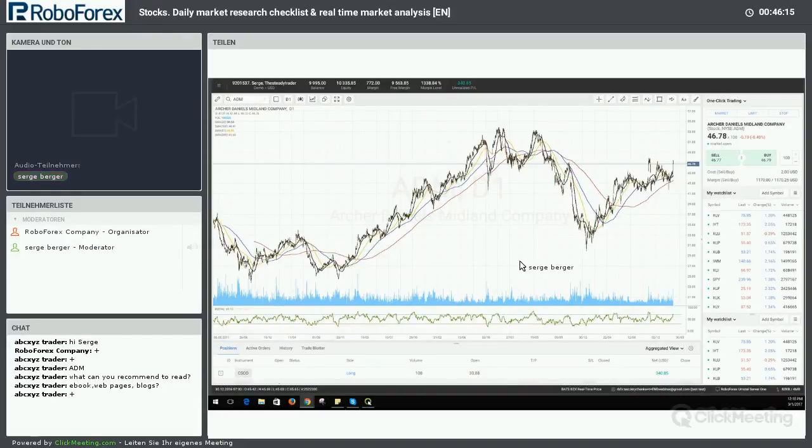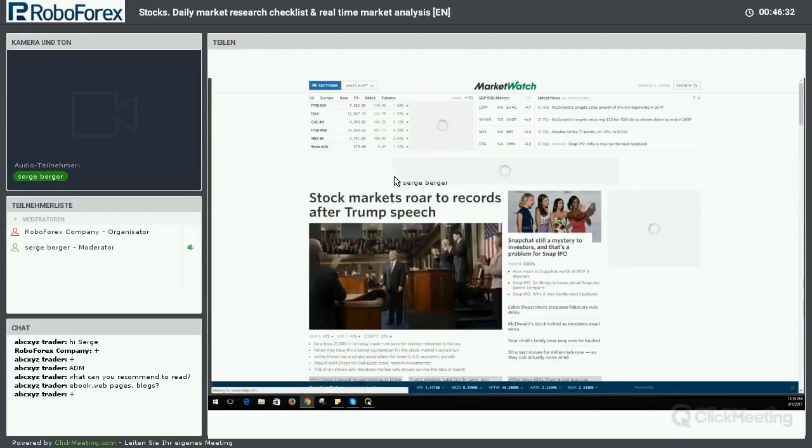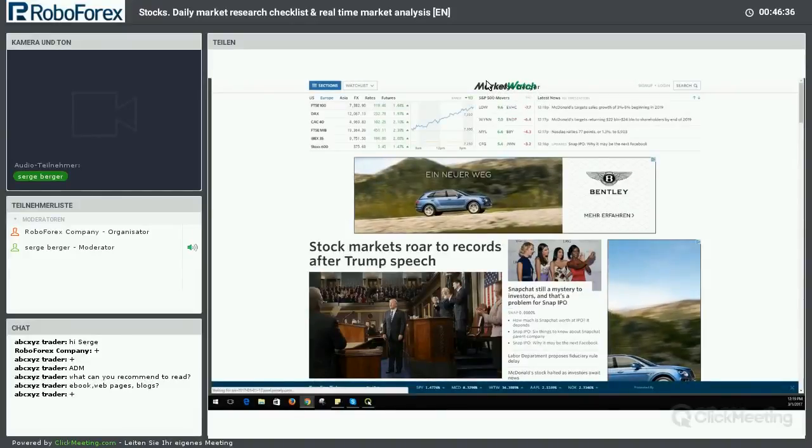Otherwise, one thing we've talked about is in terms of getting information. I think marketwatch.com is a good website to look for opportunities. So let me just quickly show you. And again, I'm not representing any of these companies or anything like that. But marketwatch.com I think is a good website.